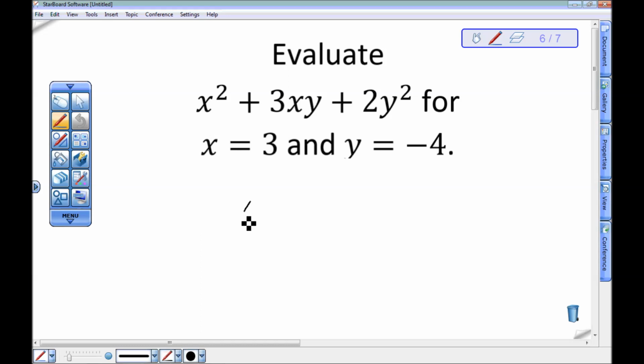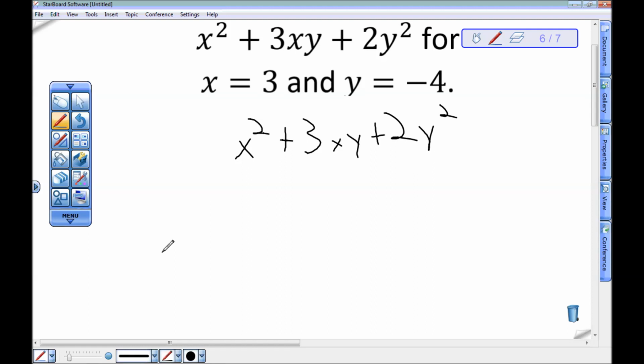So again, I'm interested in what this expression is for those values of x and y. This time I have 2 values to substitute in, and I just need to make sure that the letters I'm replacing are replaced with the correct values. So for those variables that I've got, I put in the right things.